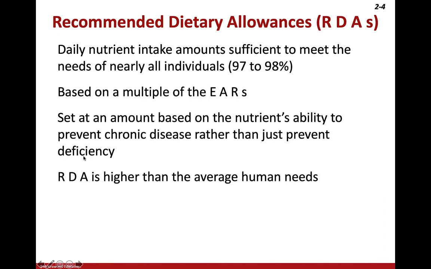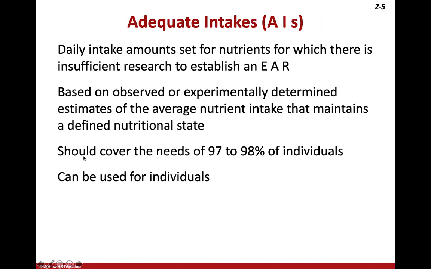All right, very important. Now, adequate intake, or AIs, the daily intake amount, is set for nutrients in which there is no real good research to establish an EAR. So this is kind of adequate. These values are based on observed or experimentally determined estimates of the average nutrient intake that maintains a defined nutritional status.